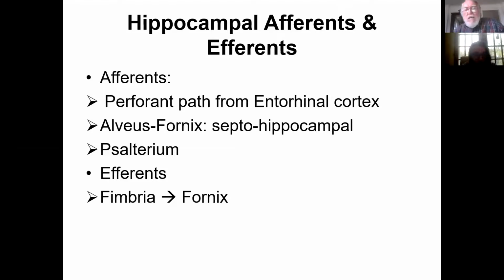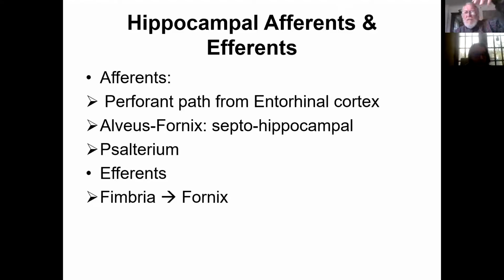So again, let's go back to Mortimer Mishkin, who basically talked about dorsal stream inputs and ventral stream inputs as they have to do with memory, where he basically talked about dorsal stream inputs having very much to do with spatial memory, and ventral stream inputs having to do with episodic or semantic or event-related memories.